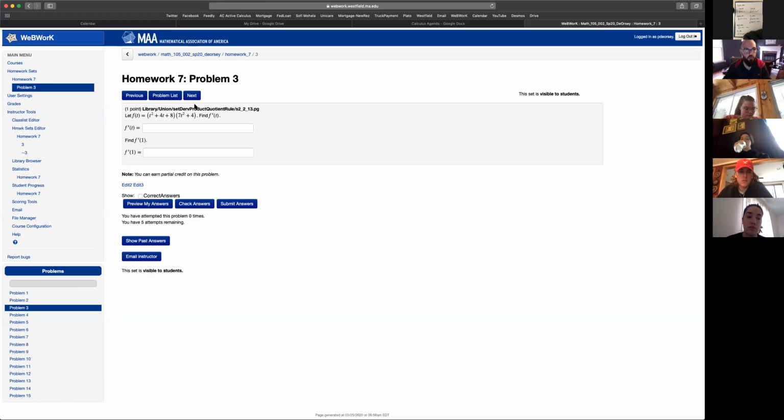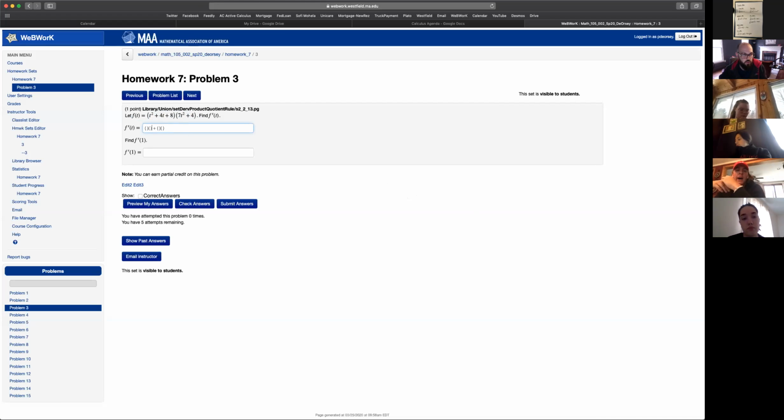Yes. Okay, so this is a product rule one, but if I were doing this on WebWork, the way I would approach this is I would do the same thing. I would look at it as a framework. I know the derivative is going to look something like something times something plus something times something.